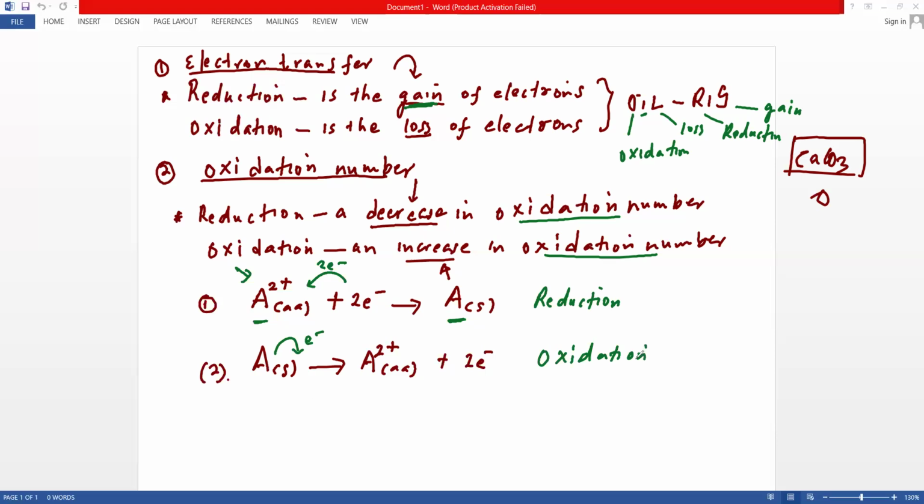But now I want us to explain this in the context of oxidation number, like what I said. If we look at this, remember guys, this is an ion. And I said the oxidation number of an ion is the ion charge itself. So the oxidation number of this is just 2. But let's come to this one. This one is just a pure element.